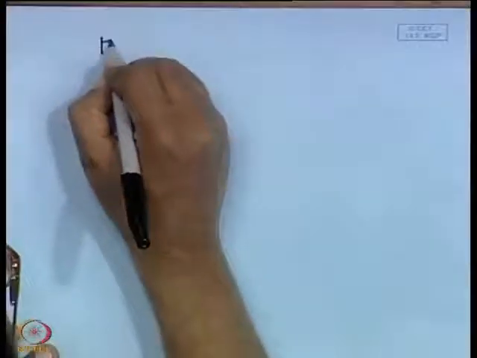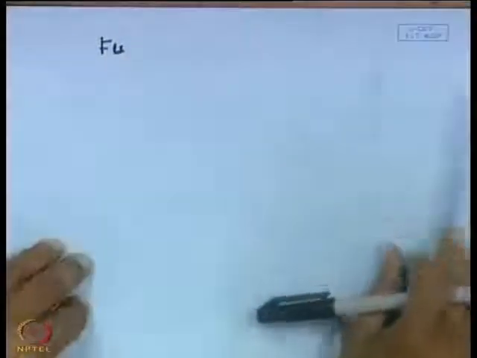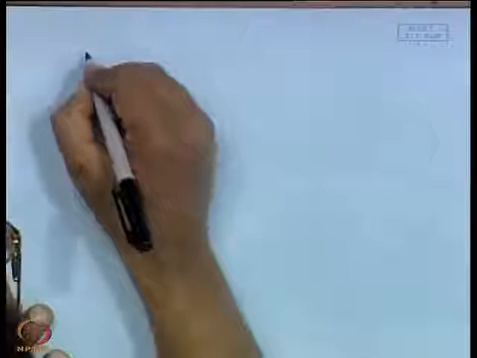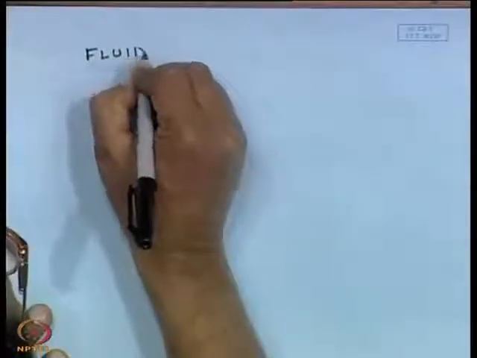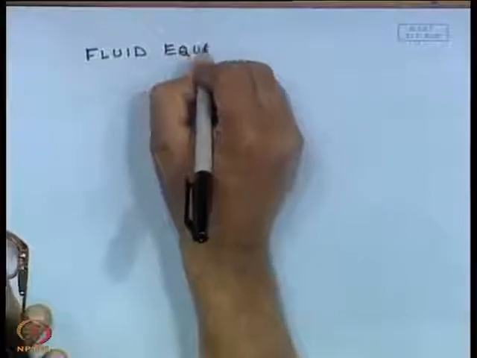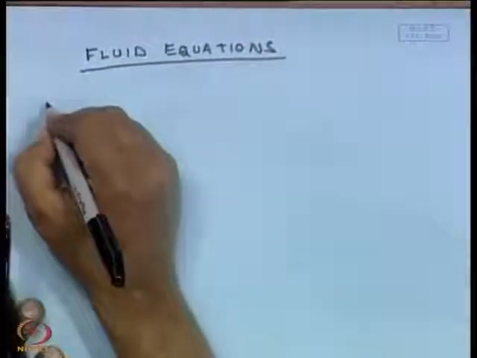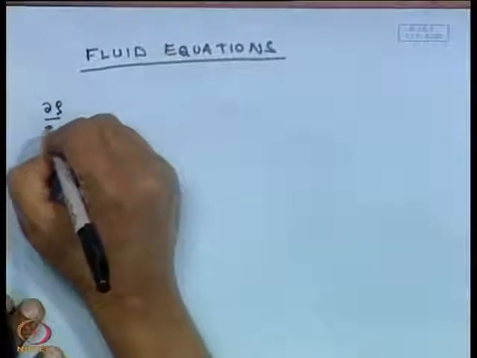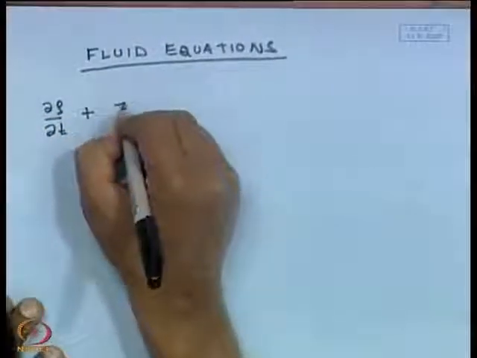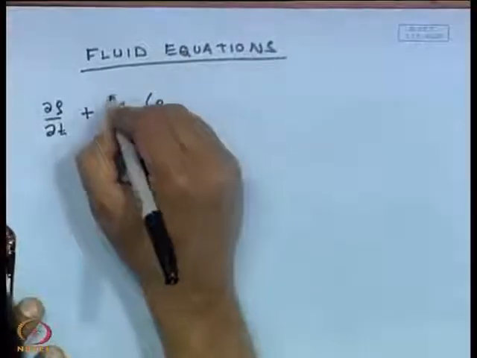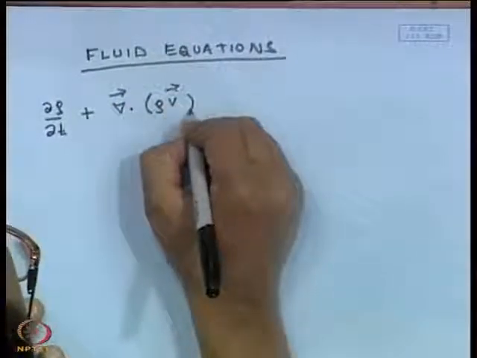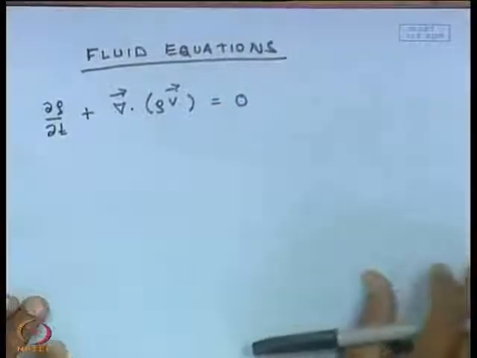Okay, so the first fluid equation is del rho del t plus the divergence of the mass current is equal to 0. Okay, this is a continuity equation.